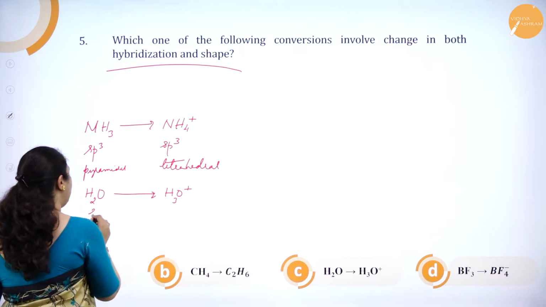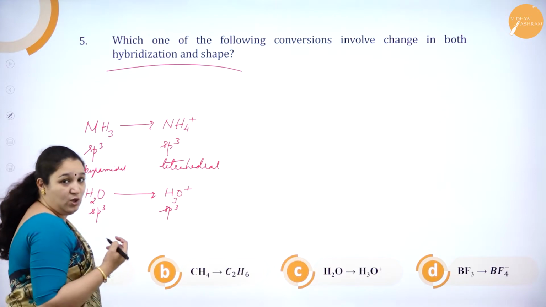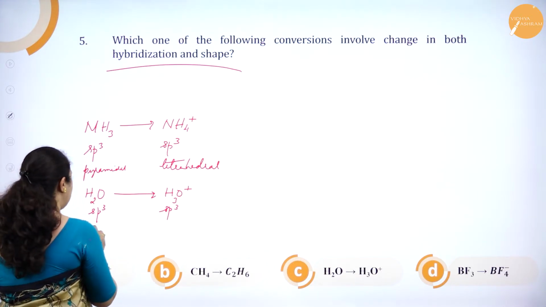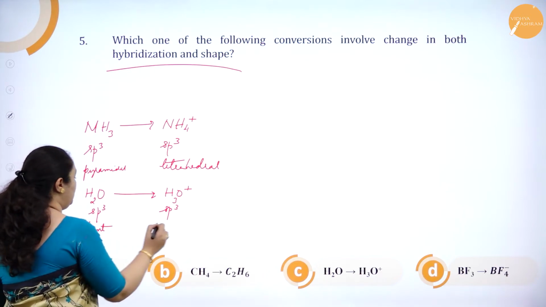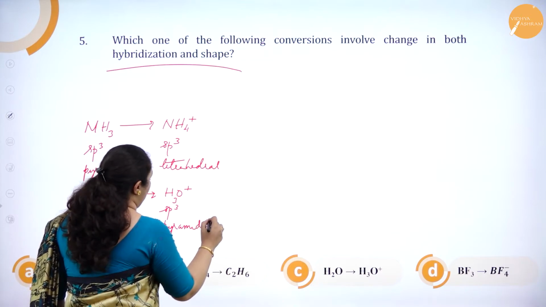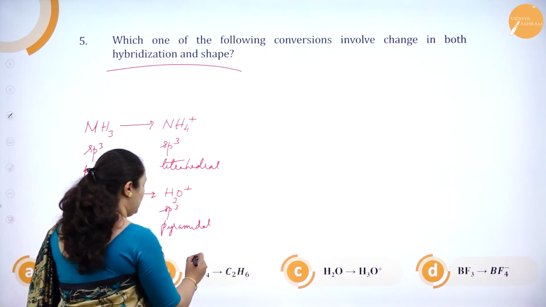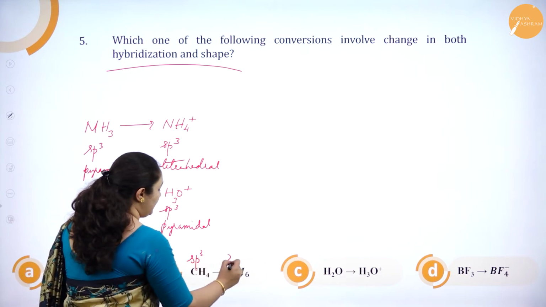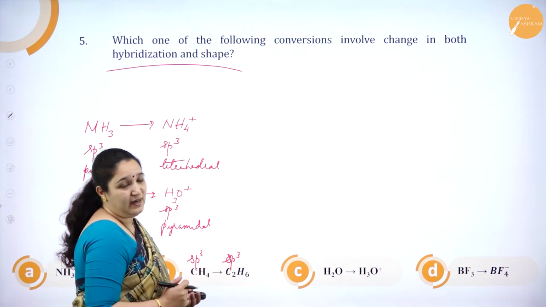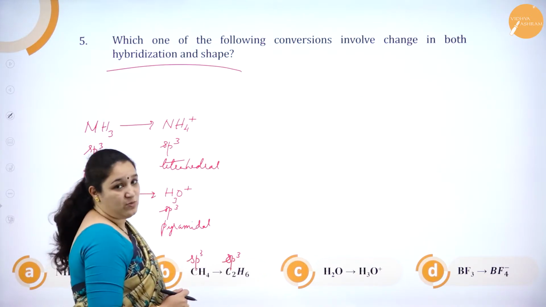Hybridization still remains sp3, as there is a lone pair of electrons, it can take up an H plus ion, but the shape will change from bent to pyramidal. So both of these are ruled out. Option B, this is sp3 hybridization, this also is sp3 hybridization, and both have tetrahedral structure. So again, it cannot be option B.